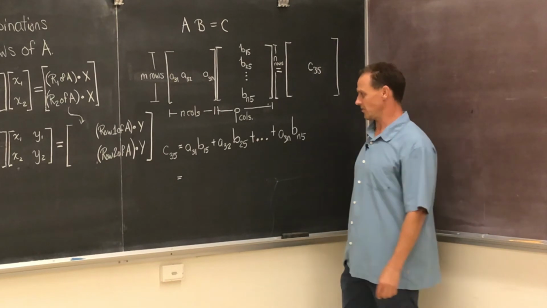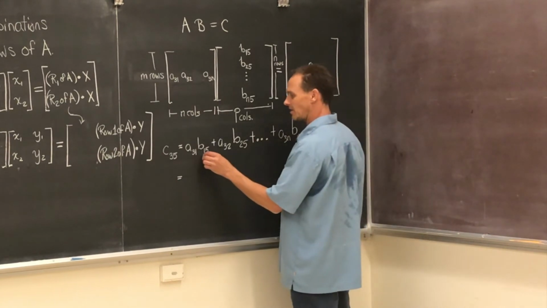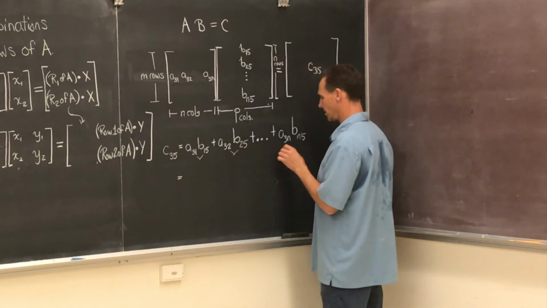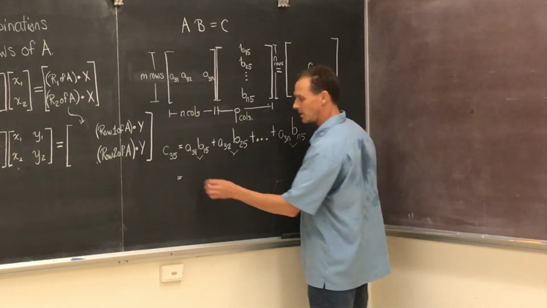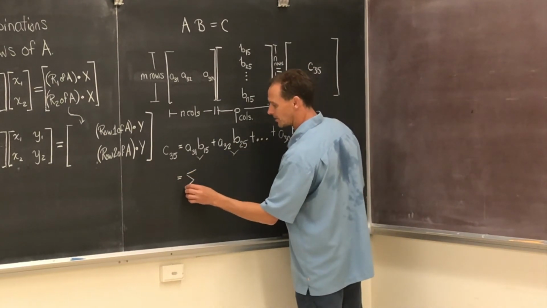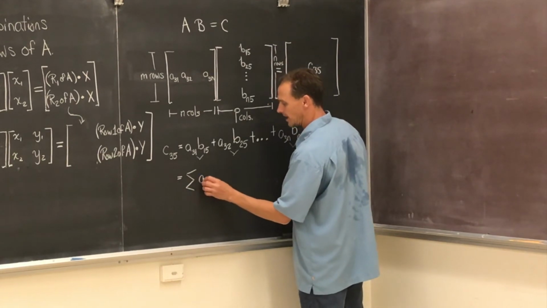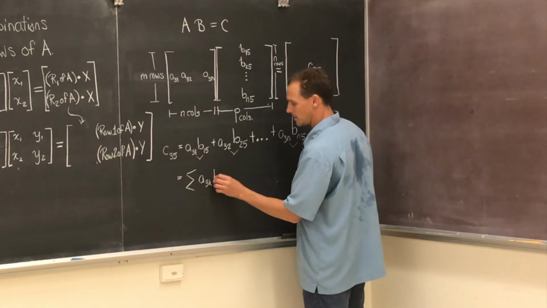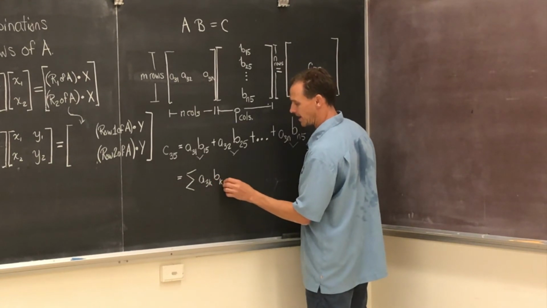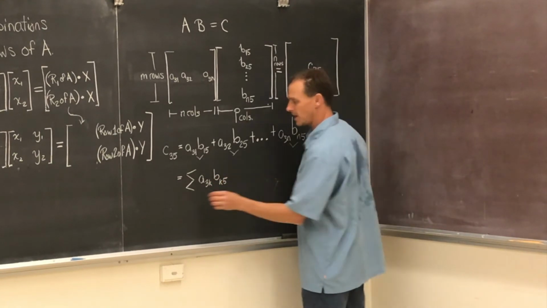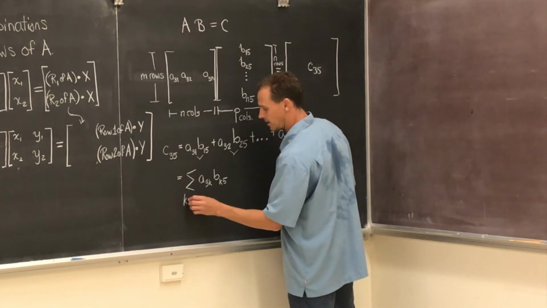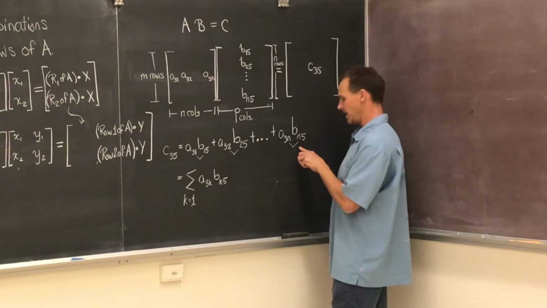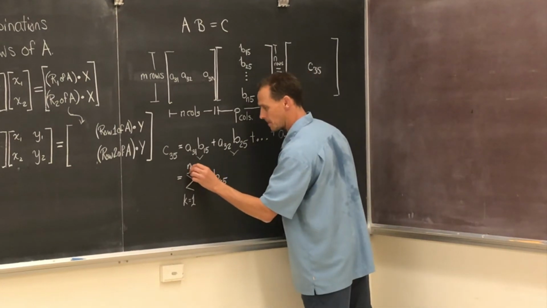And we have a notation for this. Look at this. Notice that these inside numbers here always match. So what we do is we often write this as the summation of A 3,k times B k,5, where k goes from 1 up to n. Okay?